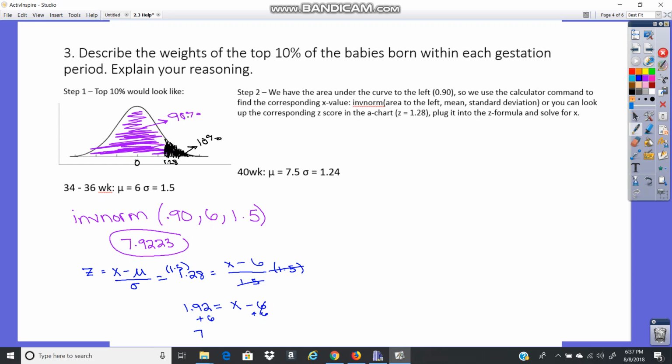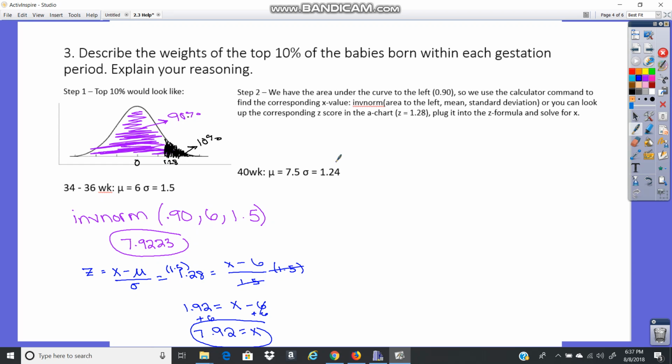That gives us 7.92 as our x value. So you can do either one of those to work this out. If you are typing it into your assignment, as long as you type in inverse norm and then what you wrote in the calculator, that counts as showing work. I want you using your calculator here because it does make this task a lot easier for you.